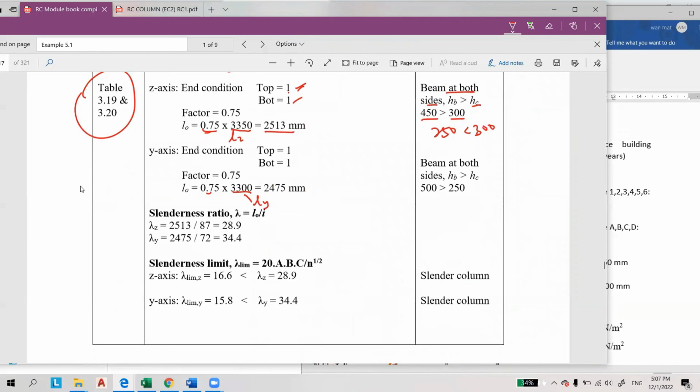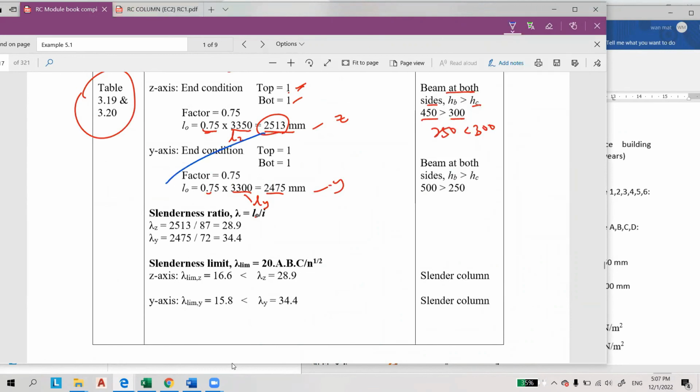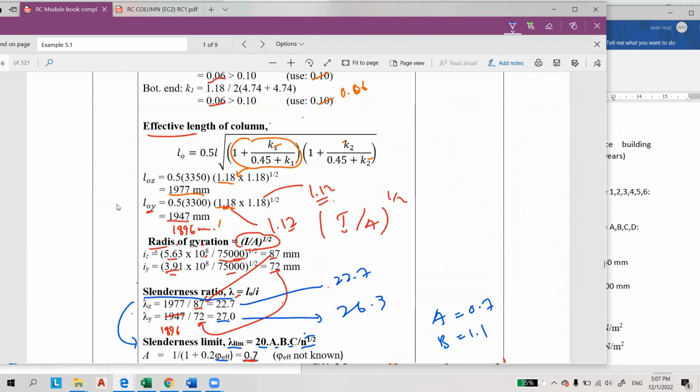The effective length is for the Z direction, and this is for the Y direction. You bring it to the equation to check the slenderness ratio, divided by i. You must calculate the radius of gyration here. This step you cannot escape.